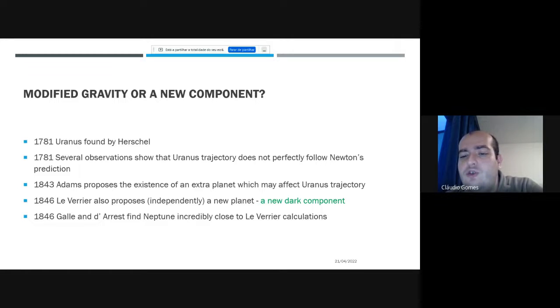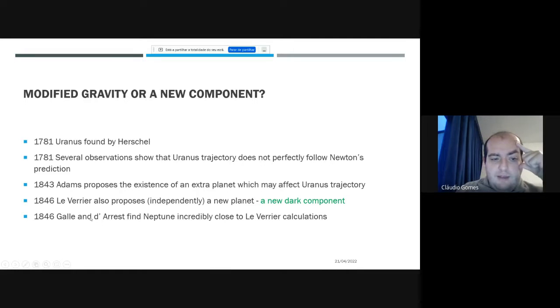So this is the introduction of a new dark component, in the sense that we are introducing a component that we do not really understand what it is. In this analogy, it would be which kind of planet is it? A terrestrial one, a gaseous one? What kind of planet? Right? We didn't know. In particular, they didn't know.